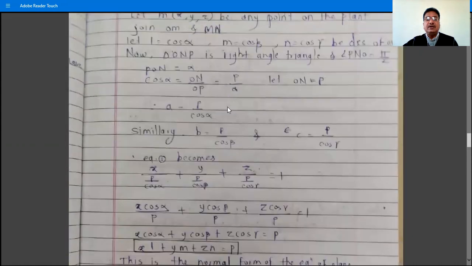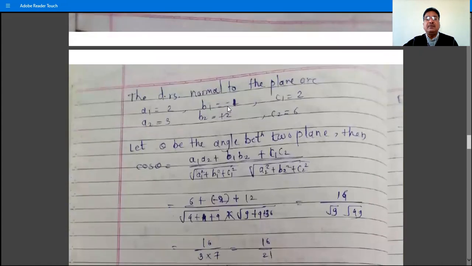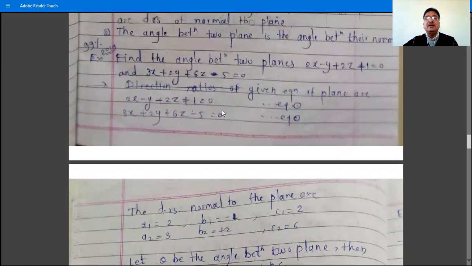The next problem is of that type, finding the angle between two planes. We will see the problems in the next lecture.